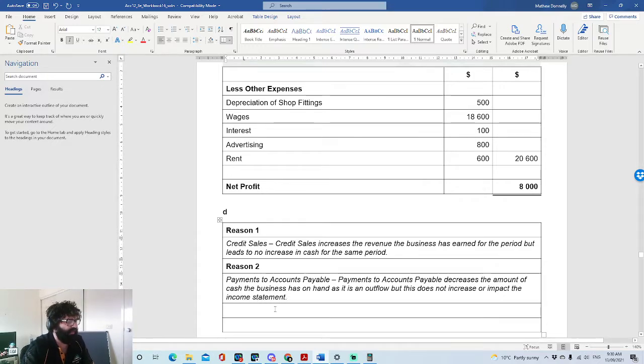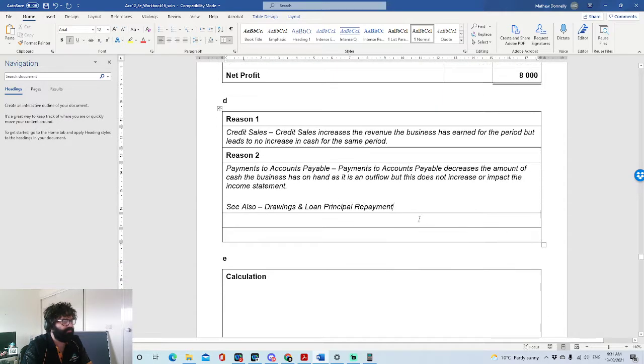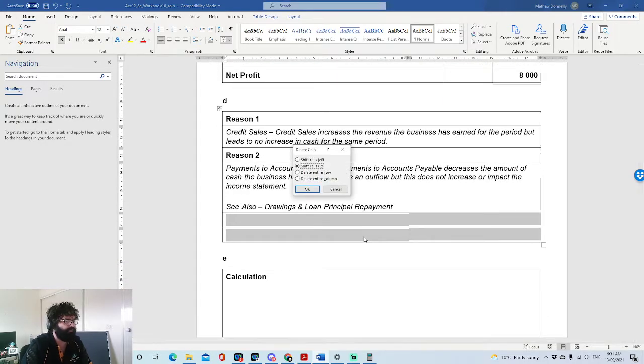So we're acknowledging this payment, and then we'll also go and put our others in. But we're essentially saying, hey, this decreases cash, but not anything else. So other things you can put in, if applicable, is any payments made to purchase a non-current asset, loan principal repayments. Alright, beautiful. That's now out of the way.